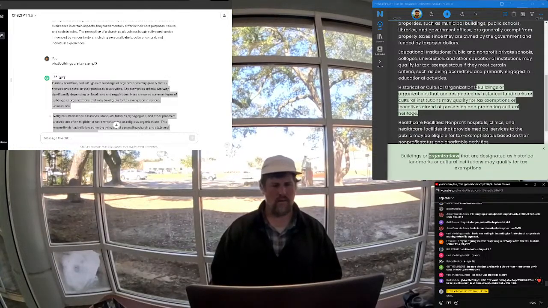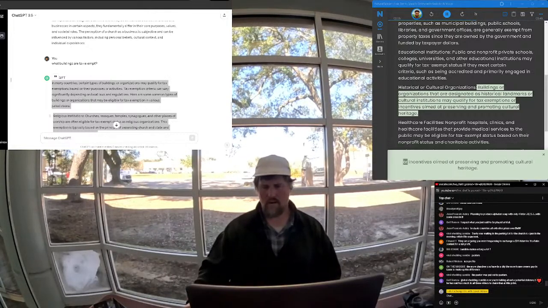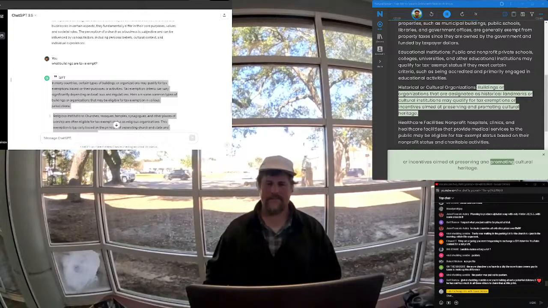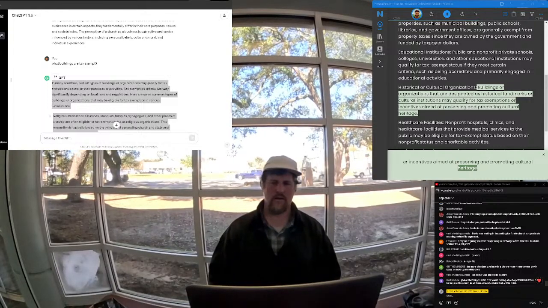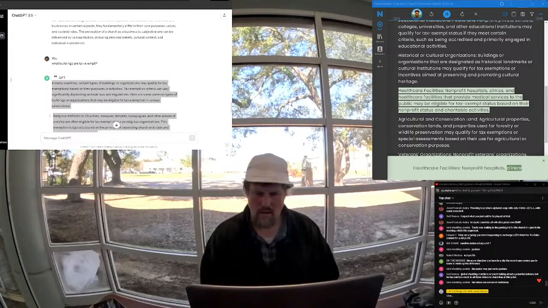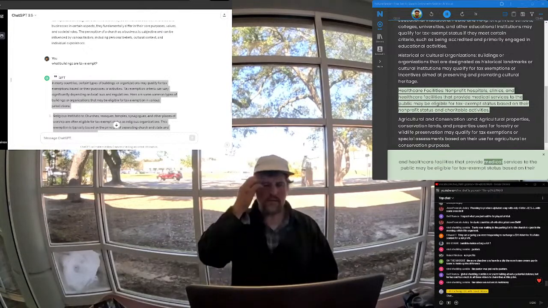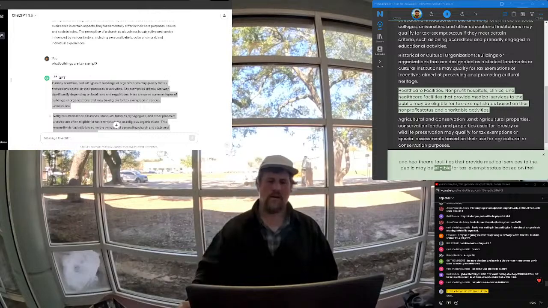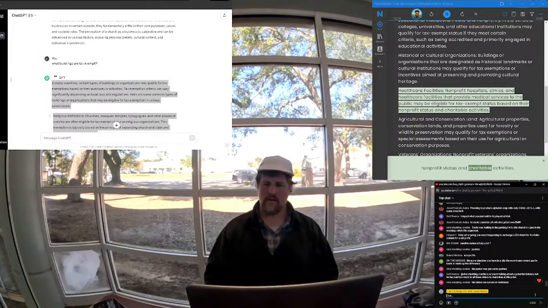Buildings or organizations that are designated as historical landmarks or cultural institutions may qualify for tax exemptions or incentives aimed at preserving and promoting cultural heritage. Healthcare facilities, nonprofit hospitals, clinics, and healthcare facilities that provide medical services to the public may be eligible for tax-exempt status based on their nonprofit status and charitable activities.